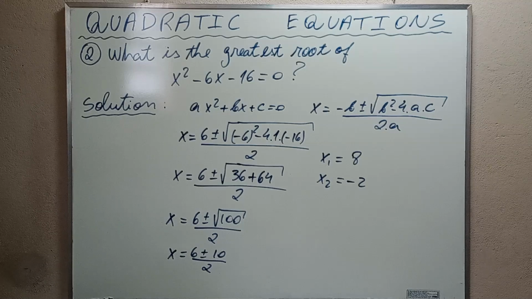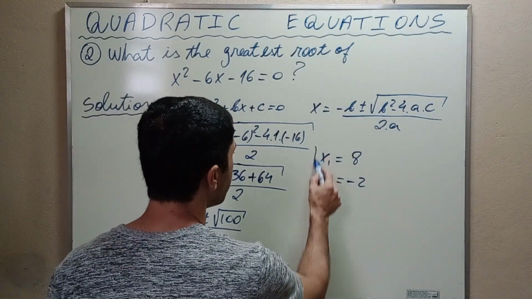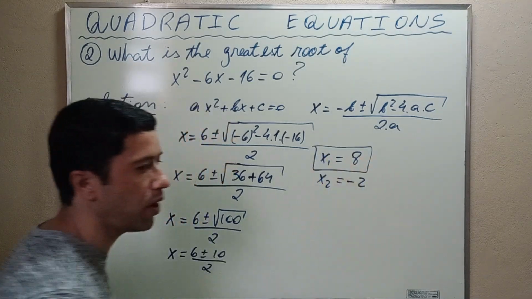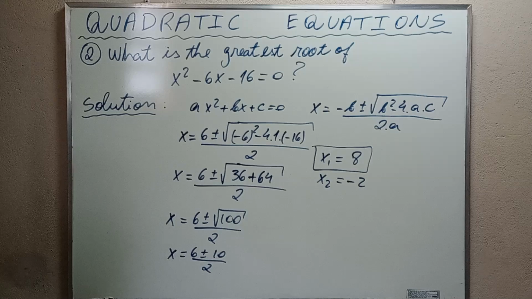We therefore discover that 8 and negative 2 are the roots of x squared minus 6x minus 16 equal to 0. From the roots we see that 8 is the greatest root of this equation.